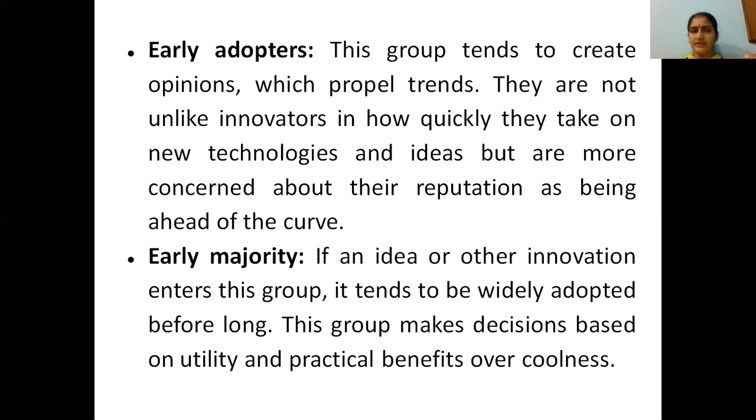Innovators would be there, then early adopters come, and then early majority comes. So this group makes decisions based on utility and practical benefits over coolness. Like, how actually will this be useful for me, they think, and then practically they will be looking for what kind of benefits I can get out of this new innovation. So these two criteria would be analyzed.